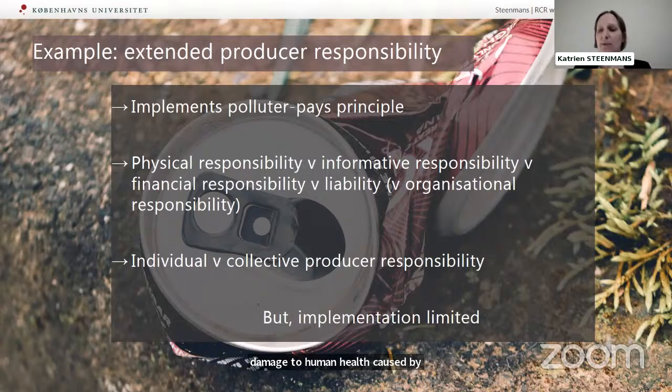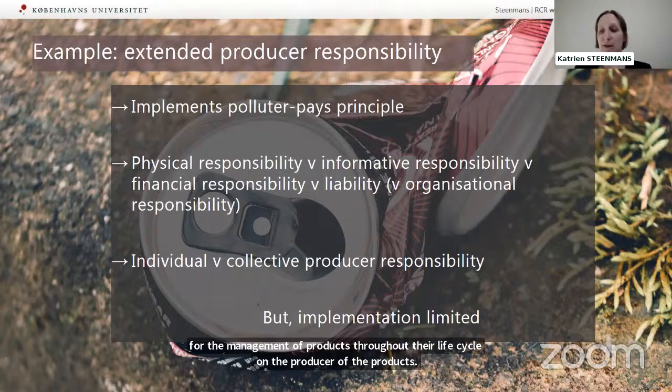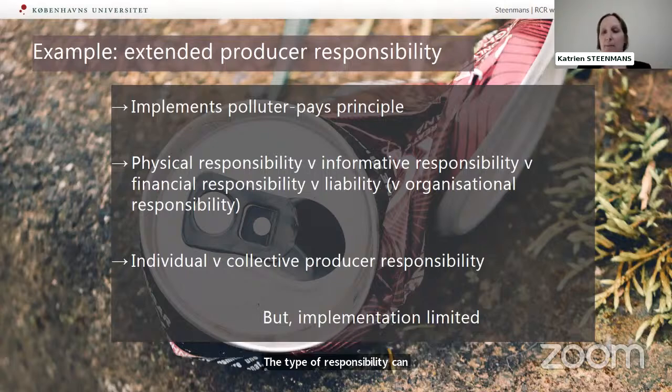And EPR implements this principle by placing responsibility for the management of products throughout their life cycle on the producer of the products. The type of responsibility can vary, but generally, the way Lindqvist introduced it, options include financial responsibility, informative responsibility, physical responsibility, or liability.